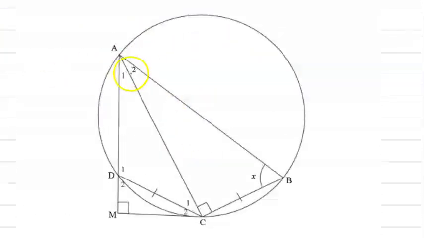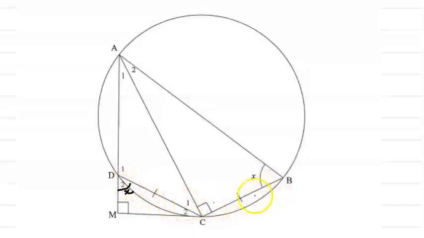When you look at this diagram, you'll be able to see that ABCD is a cyclic quadrilateral. Therefore, you can see that the exterior angle there is going to be equal to X. Exterior angle equals the interior opposite angle. What else do we see? We see here that BC is equal to CD, and those are equal chords.